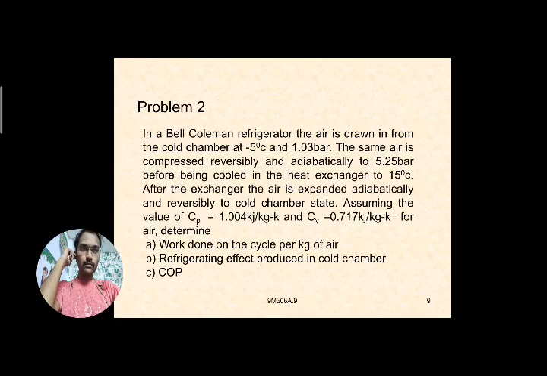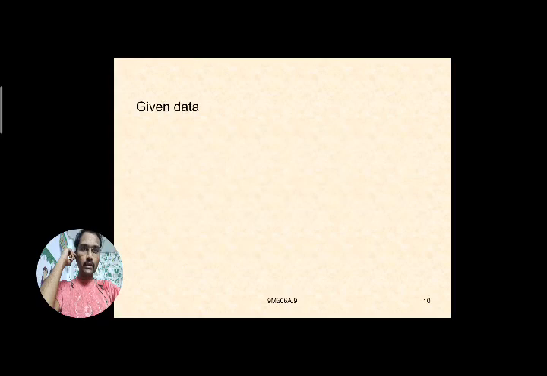First, the temperature and pressure mentioned here. In the given data, T1 is minus 5 degrees centigrade. We have to convert to Kelvin by adding 273, so it is equal to 268 Kelvin. The pressure mentioned is P1, which is equal to 1.03 bar.